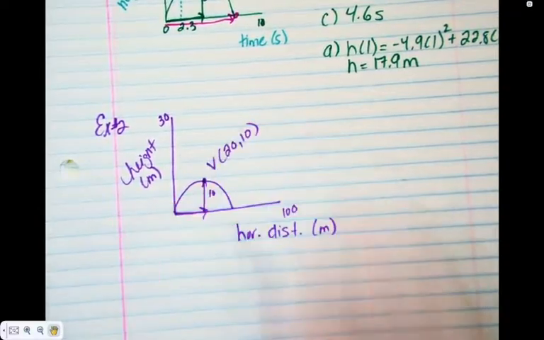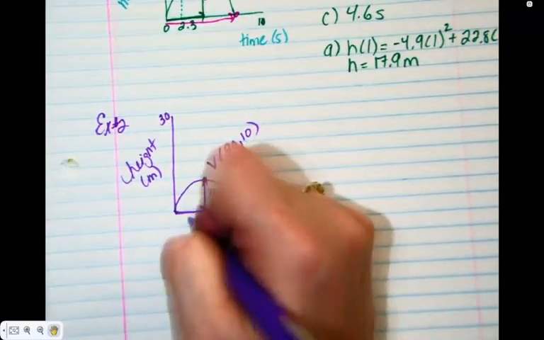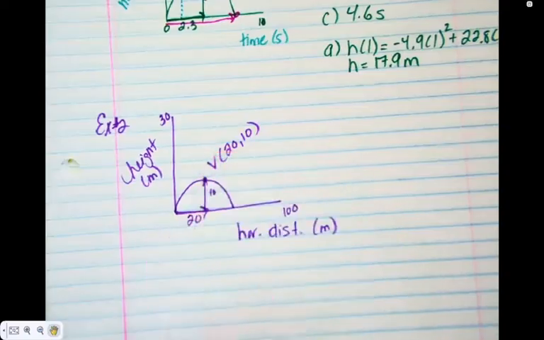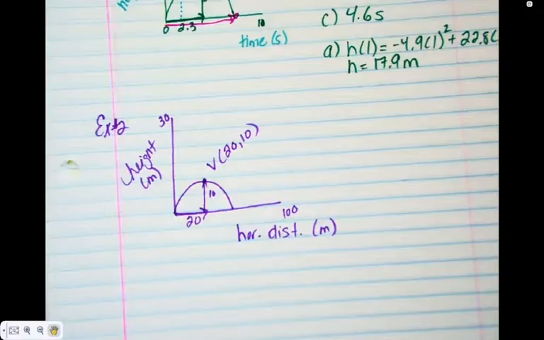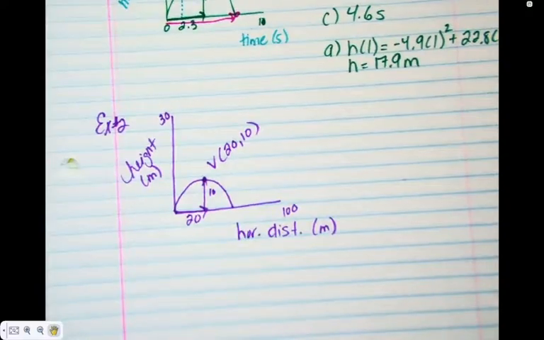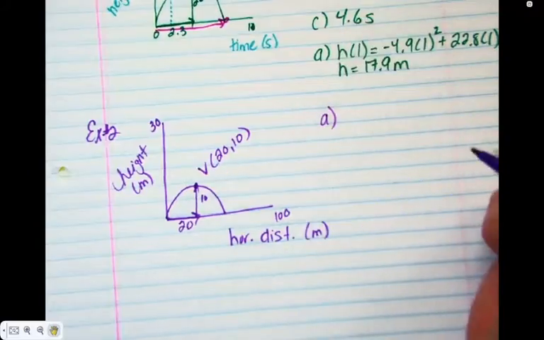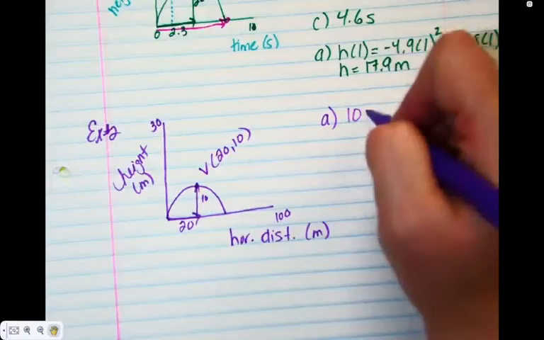How much did it travel horizontally when it hit that height? 20. I haven't started. I'm just labeling the graph right now. Okay, A, max height. 10 what now?